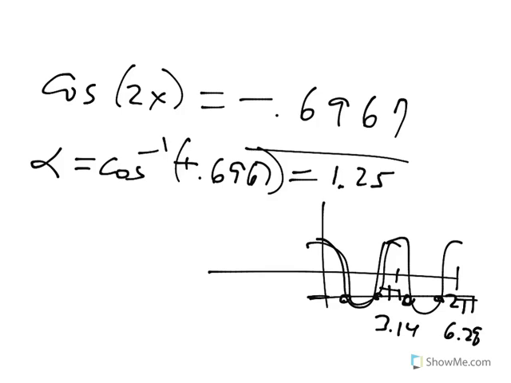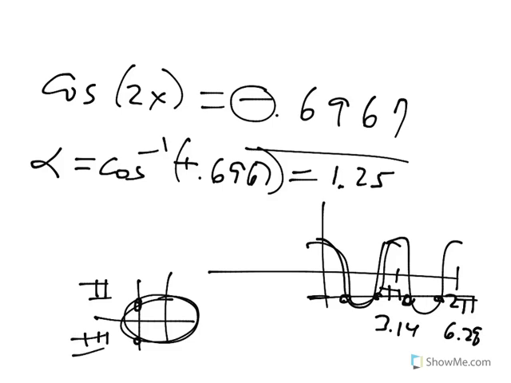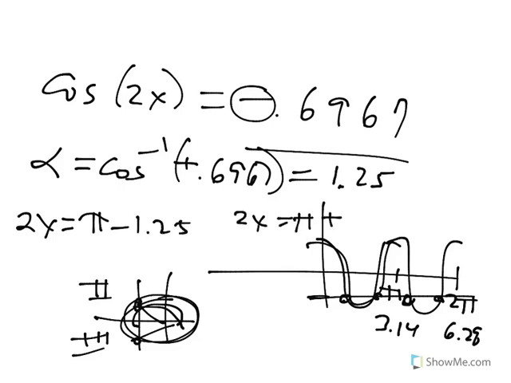So I'll also throw a unit circle up here. Now this was negative, and cosine is negative in quadrants 2 and 3. Now if it was degrees, I would do 180 minus and 180 plus to get these two angles. But it's not degrees, it's radians, so my answers are going to be pi minus 1.25 and pi plus 1.25.